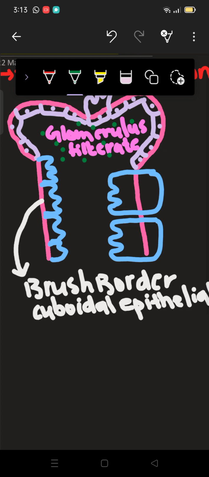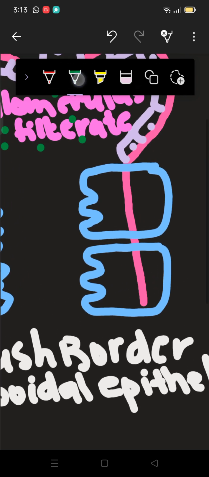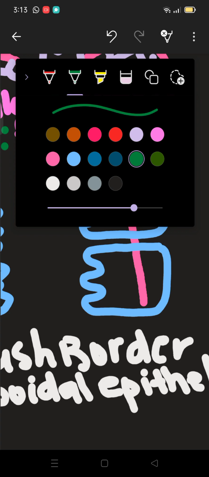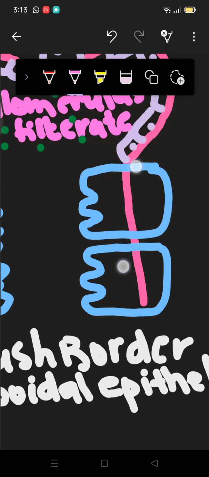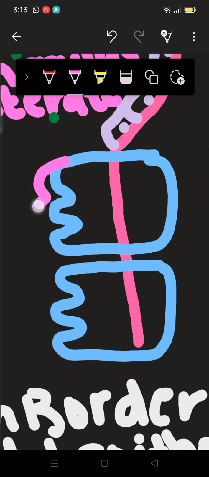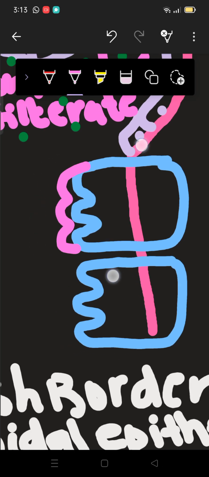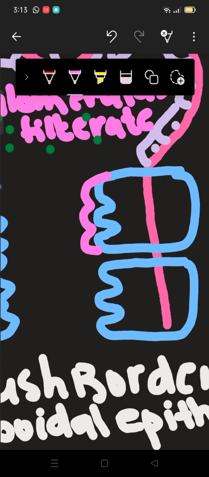In the PCT we have cuboidal cells, and these are modified, known as brush border cuboidal epithelial cells. Now we have a membrane here, which is known as the apical membrane.